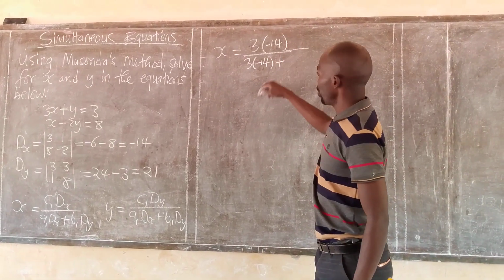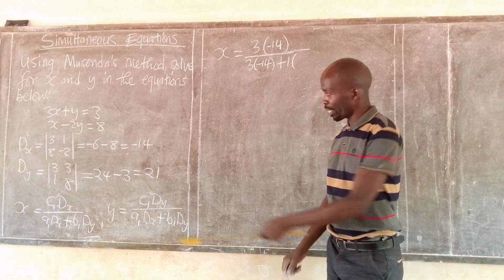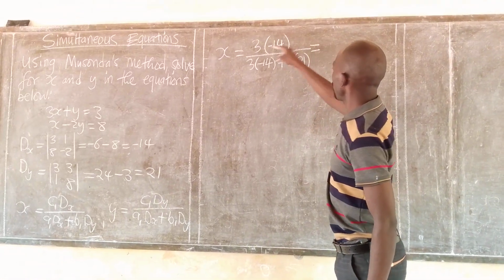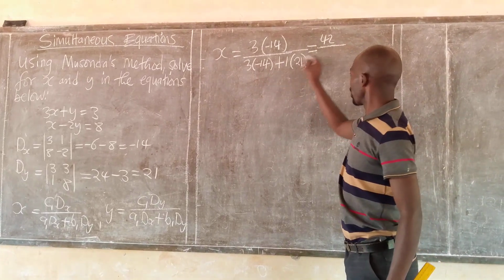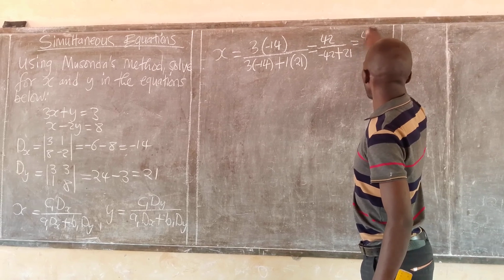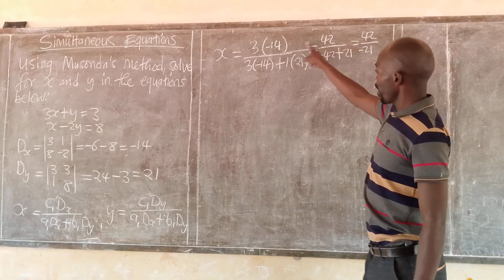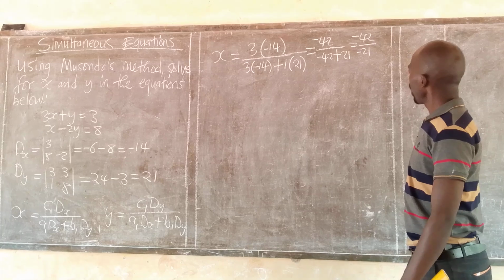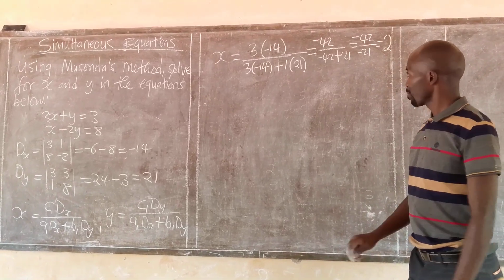So plus B1, the coefficient of y from the first equation, is 1, times the determinant of y, which is 21. The numerator becomes negative 42. We divide by negative 42 plus 21, that is negative 21. In fact, there is a sign I forgot here, we need to have a negative. When we divide that, our x value is positive 2.